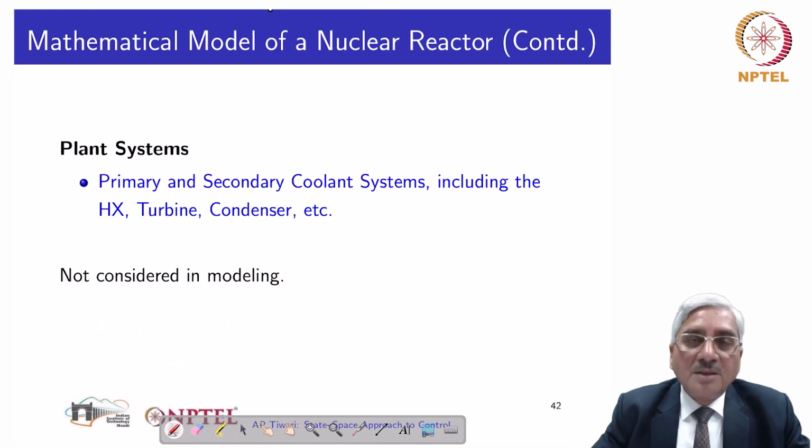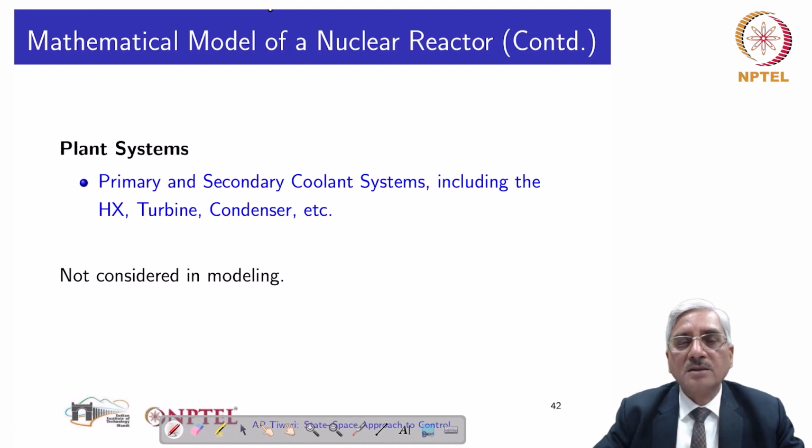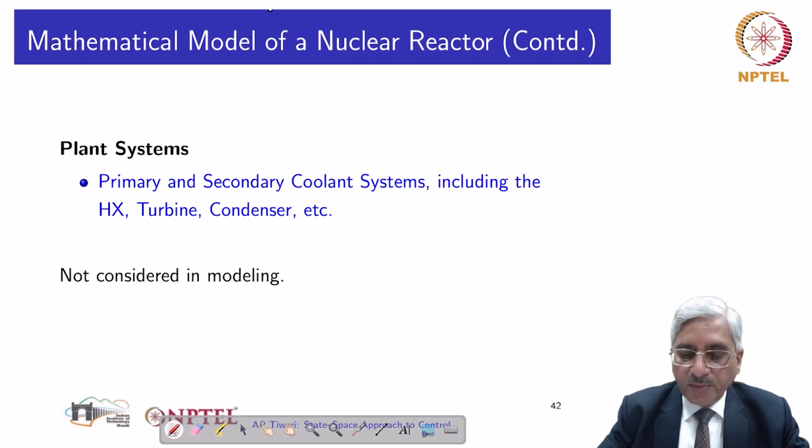Then there are plant systems. As you saw in the schematic picture in one of the previous slides, there are other components. As the coolant goes out, it passes heat to the secondary coolant. Secondary coolant drives a turbine. Turbine drives a generator. Now all these components have dynamics, and for a very accurate modeling that needs to be considered, but again, to keep things simple, we are not considering this.